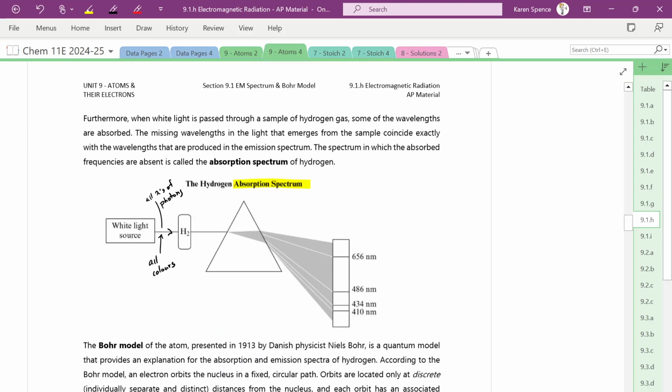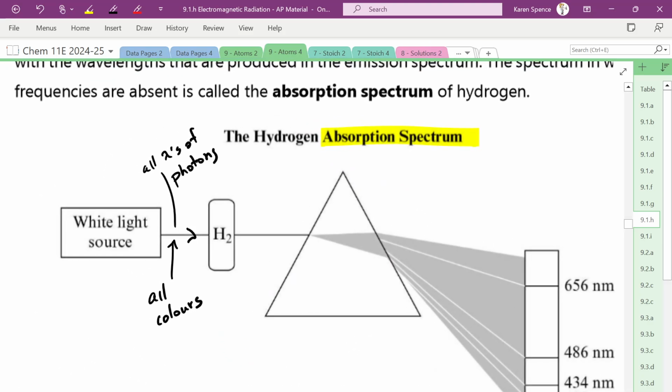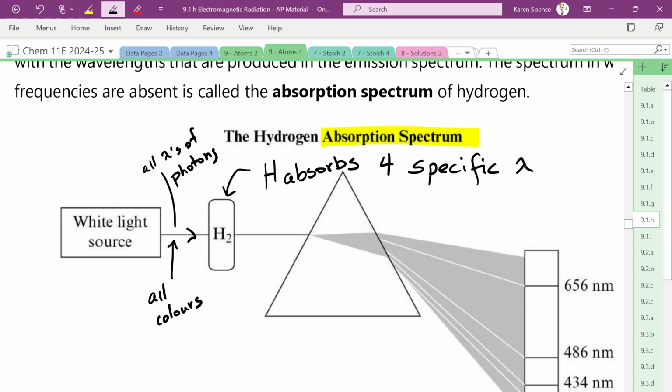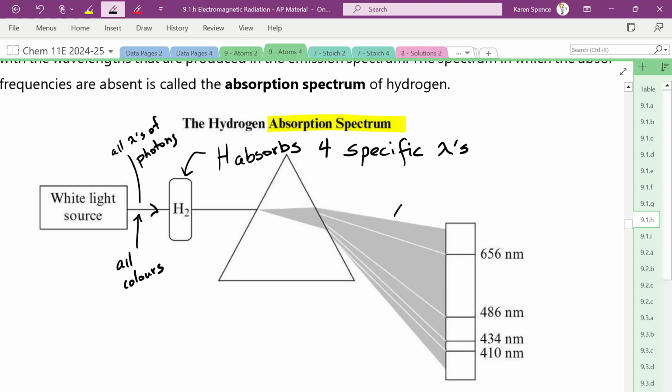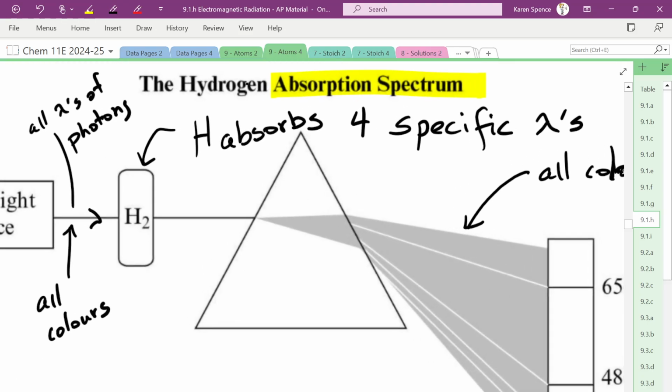Okay. Absorption spectrum. So we have all the different photons. The hydrogen absorbs for specific wavelengths. And so all the light comes out except those 4 specific wavelengths.